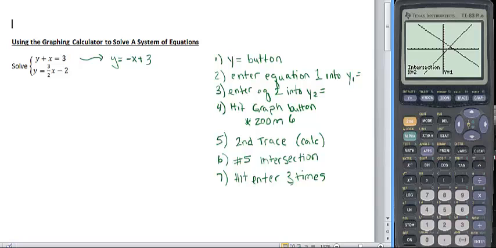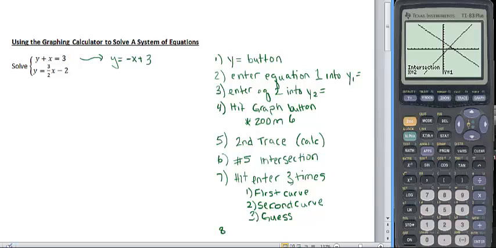We hit it one time for my first curve. I hit it a second time when I was on the second curve. And I hit it a third time for my guess for my point of intersection.